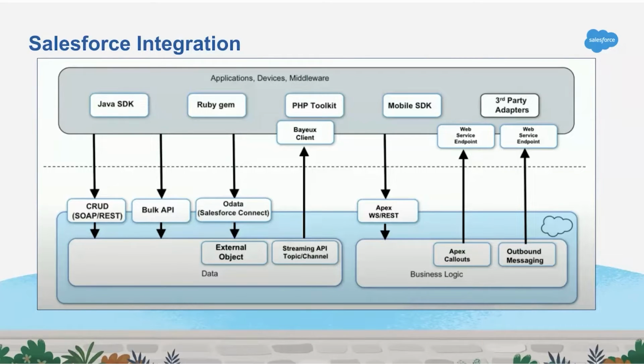Then the next is the Streaming API. The platform events and the push topics we talk about are dependent on the streaming APIs. These streaming APIs have a kind of bus-like infrastructure wherein there's an event bus and you push the events into that event bus.